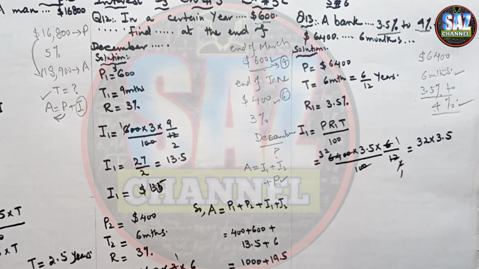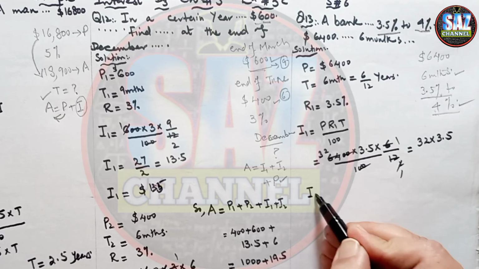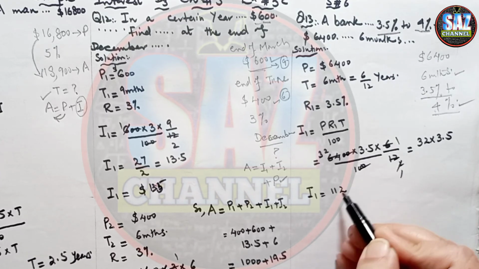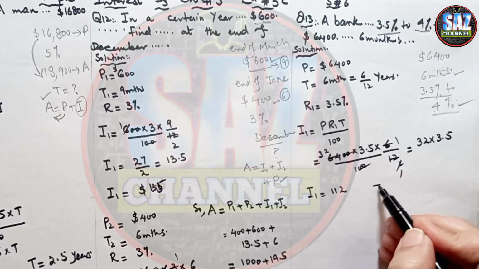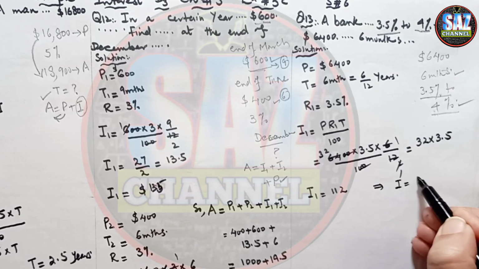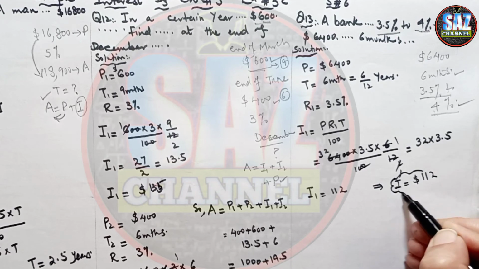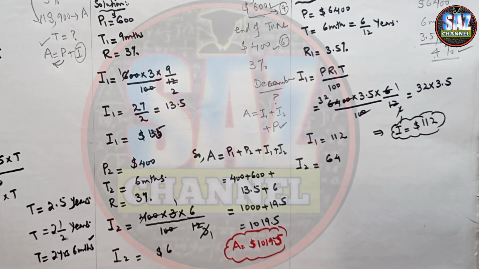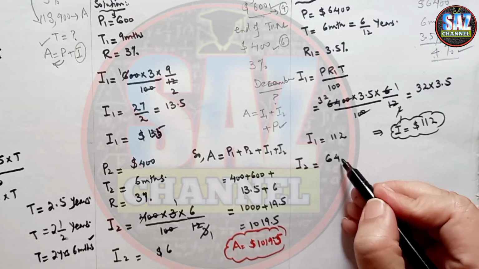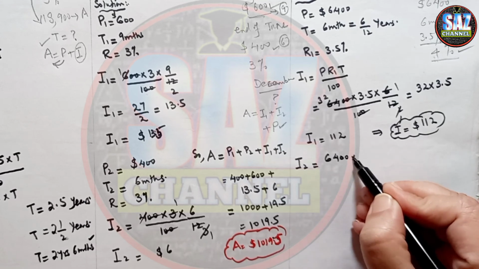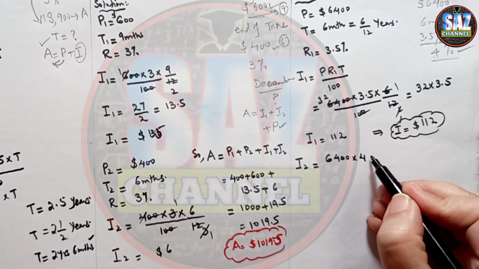Let me check the calculation. 32 multiplied by 3.5 is $112. So I1 is $112.